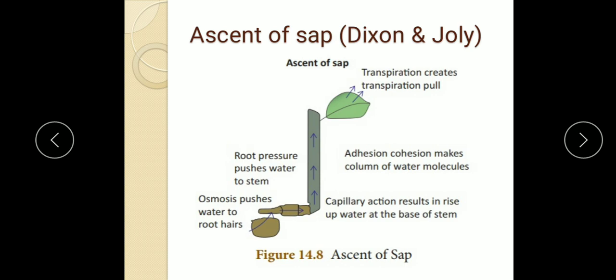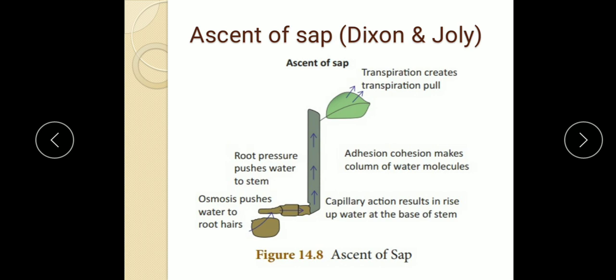After this, we have studied the absorption of water by the process of osmosis, structure of root hair cell, and the steps of absorption of water. Then we have discussed absorption of minerals, which takes place with the help of diffusion and active transport. And at last, we have studied the process ascent of sap, which is the upward movement of cell sap through the xylem.